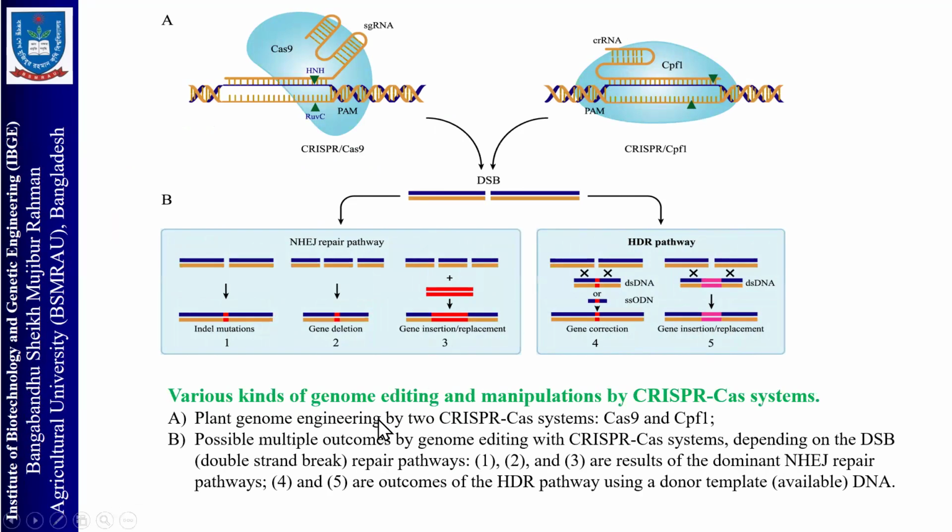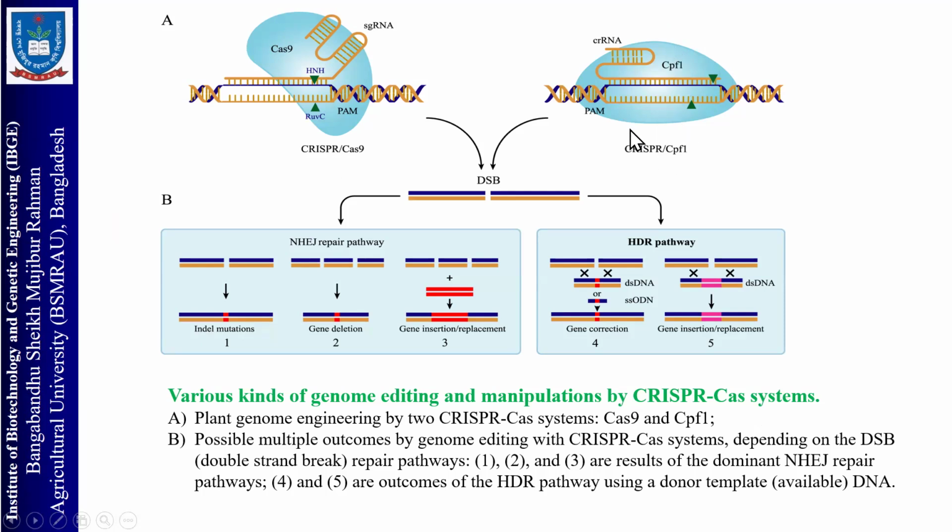Here are the various kinds of genome editing and manipulations by the CRISPR-Cas system. Here you can see the guide RNA, the Cas9 system, and the full complex CRISPR-Cas9, or even you can change the enzyme this way.